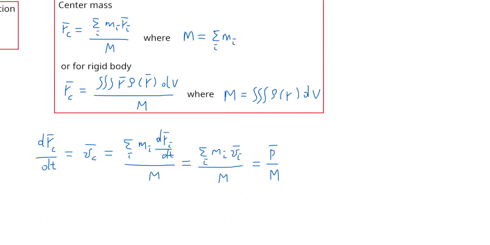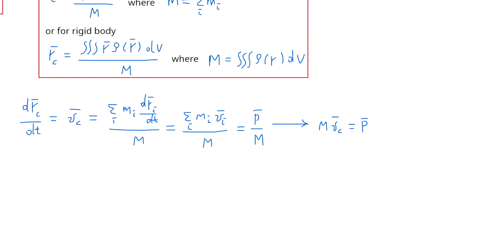And from here we will have m v_C, the velocity of the center of mass, is equal to the momentum of the whole system.